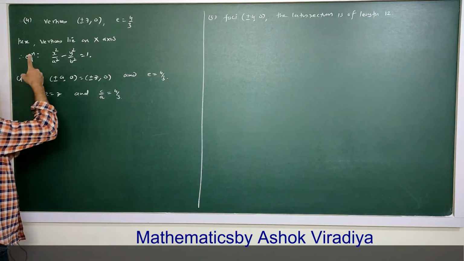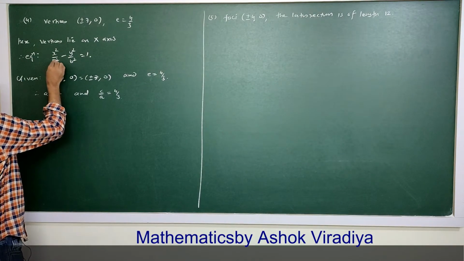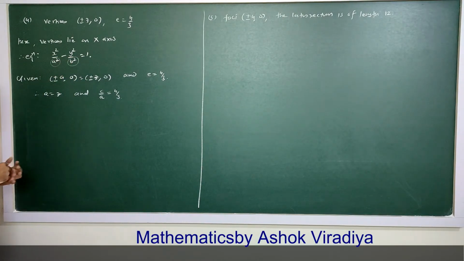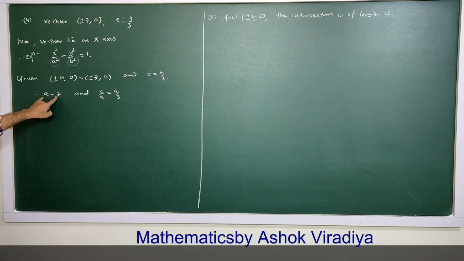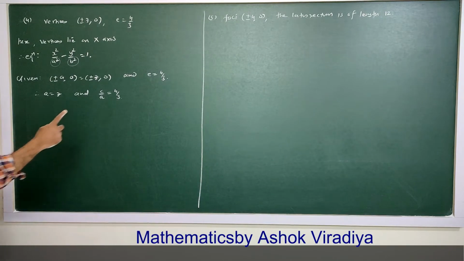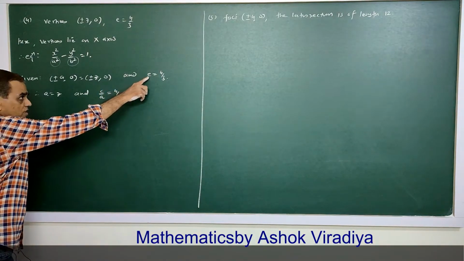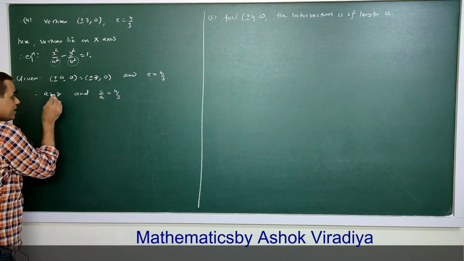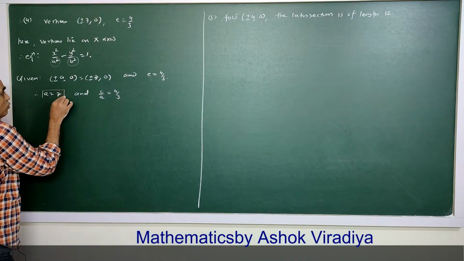To find the equation of the hyperbola, we require a square and b square. a square we know, a square is 49, but to find b square, we have to use the formula, put e equal to c by a. Now this value we are taking here.